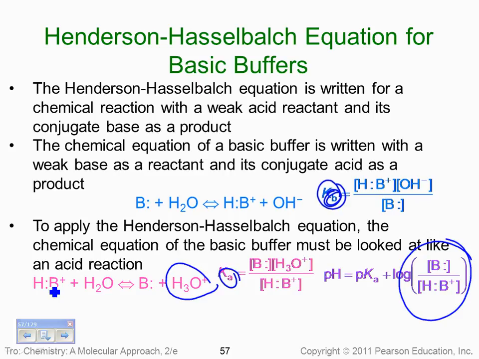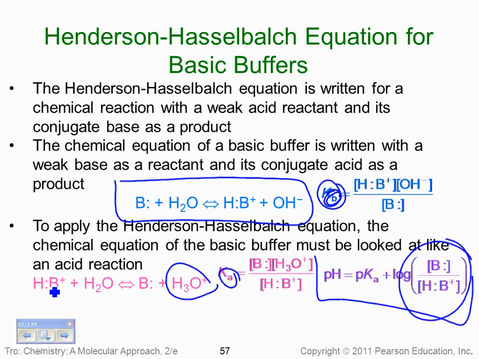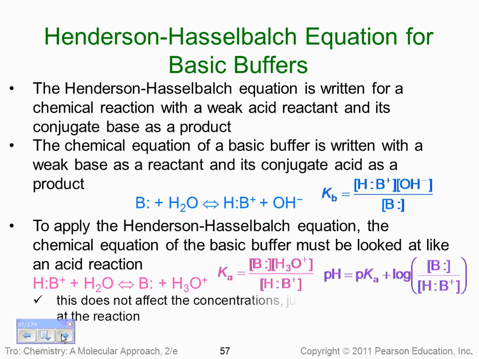So to me, this is the simpler way, my typical method. Fortunately, we don't have to use basic buffers very often. But when you do, to me, this is the simpler path for their analysis: don't just follow the standard base that you stuck with. Switch it into the acid side, and then go right back to your Henderson-Hasselbalch and do your calculation.